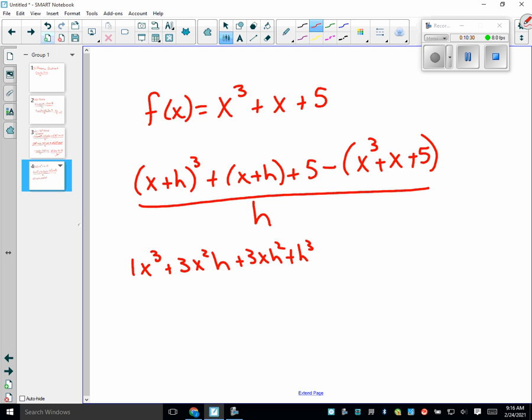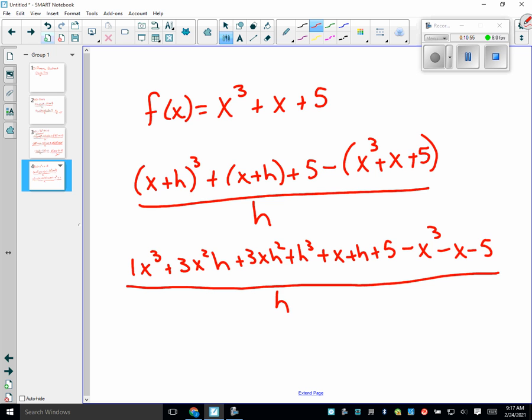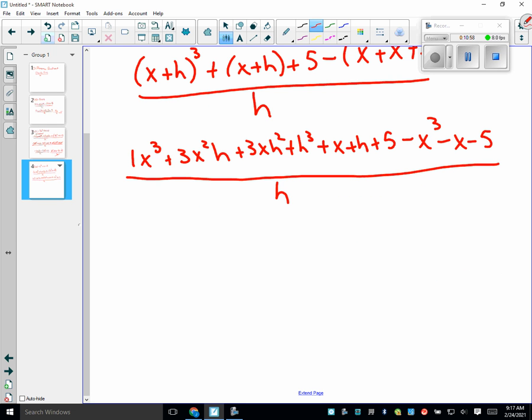Do you see where that's a good thing to know? We had good timing on that, to have the day off to do that. Plus x plus h plus 5 minus x cubed minus x minus 5 all over h. Right?